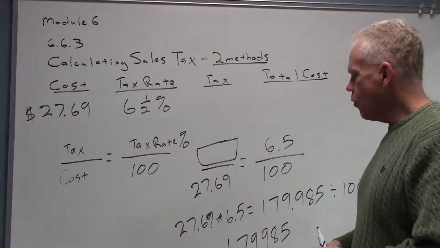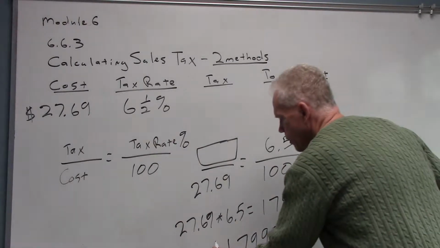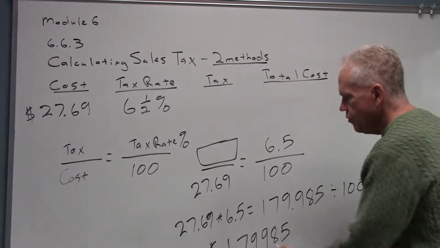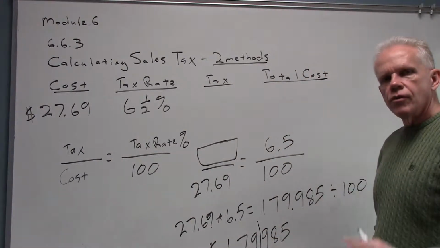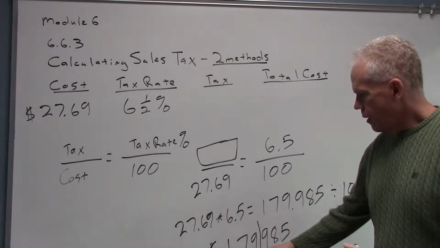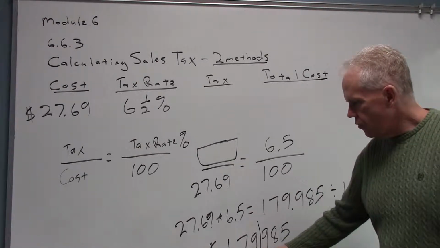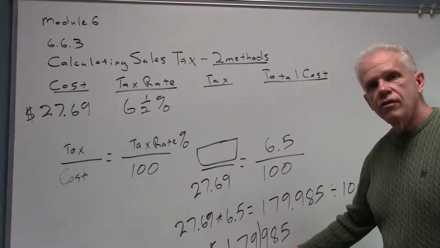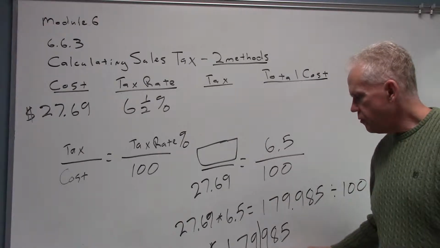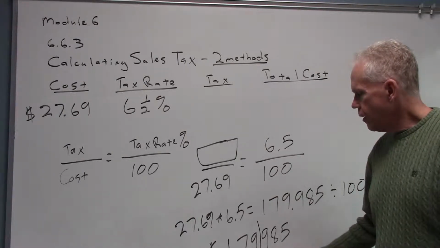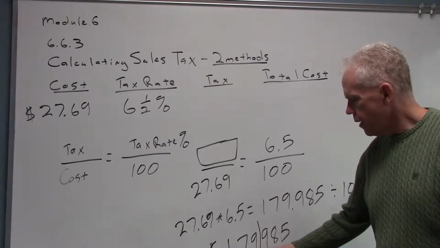Now, remember, we're talking about sales tax, so this is actually money. Money quantities need to be rounded off to the second decimal place. Remember, this is a dollar bill, this is dimes, this is pennies, cents. We don't have coins for this back here, so we've got to round this off to the nearest cent. Here's the cent place right here.